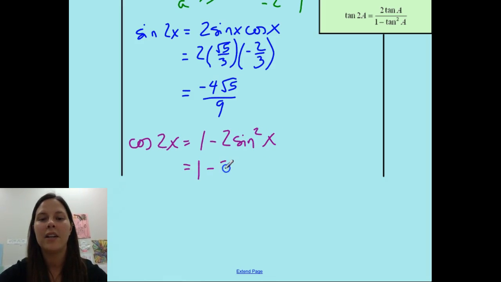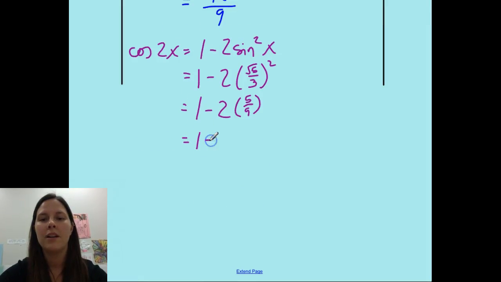Substituting in that sine value, which was the square root of 5 over 3. Order of operations, we'll square that before we multiply, so we get 5/9. Multiplying, we get 10/9. Getting a common denominator, we have 9/9 minus 10/9, so that gives us negative 1/9 for our cosine of 2x.